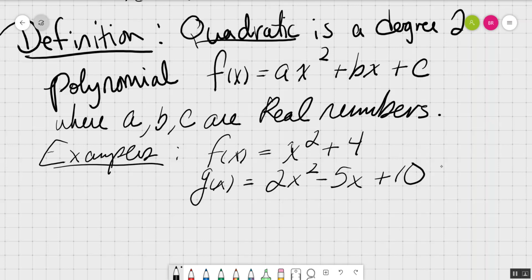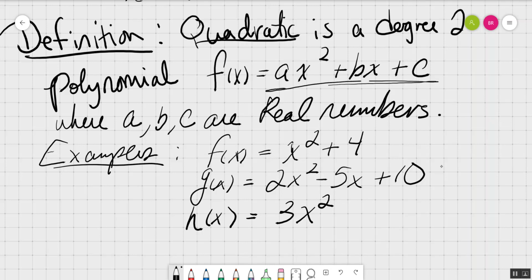So here, a is 2, b is negative 5, and c is 10. For fun, let's do one more. Still a quadratic. Here a is 3, b is 0, and c is 0. So they don't have to all look like ax squared plus bx plus c. It could be that some of these are 0, and therefore it just drops off, just so you know.